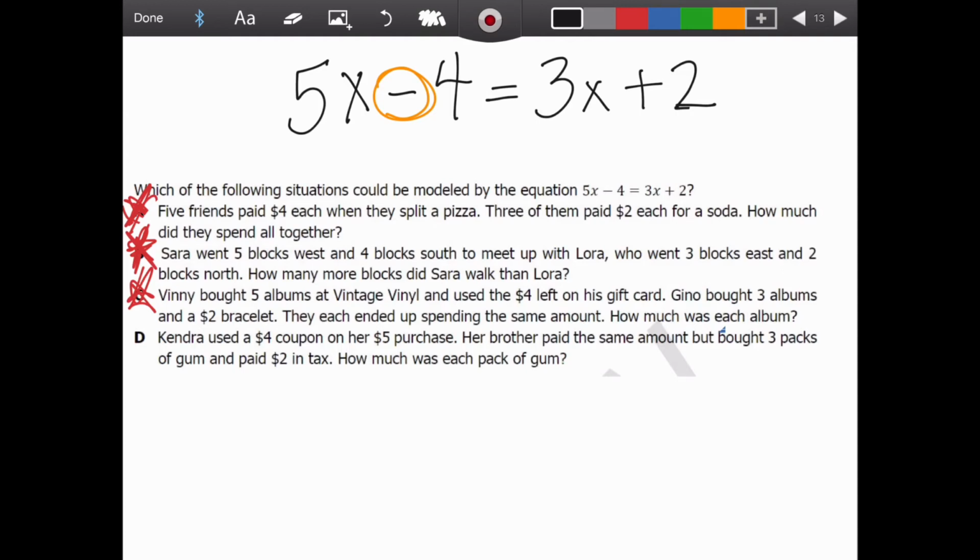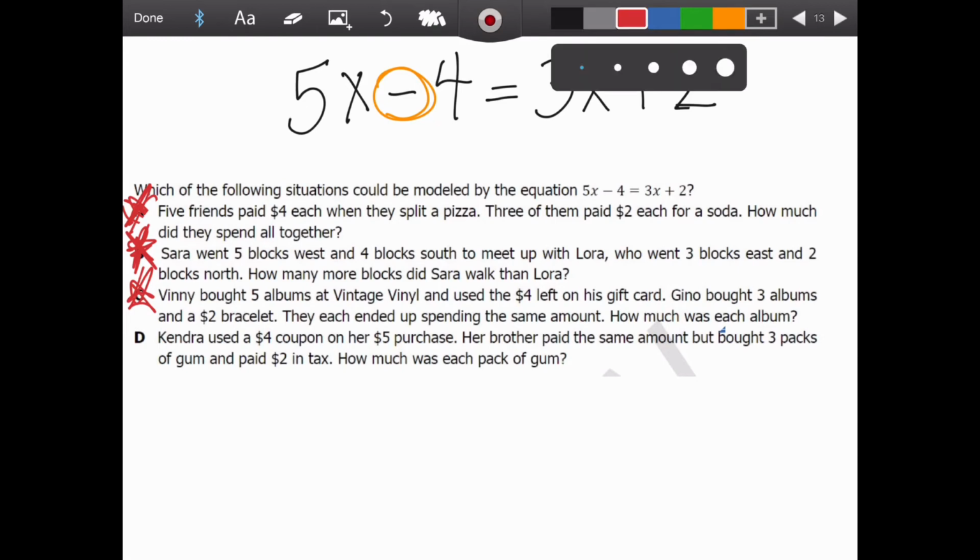Okay, so let's look at Kendra. It says Kendra used a $4 coupon on her $5 purchase. Her brother paid the same amount but bought 3 packs of gum and paid $2 in tax. How much was each pack of gum? All right. So here we can see that we have Kendra and her brother.